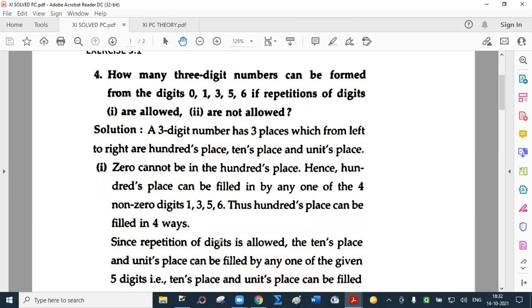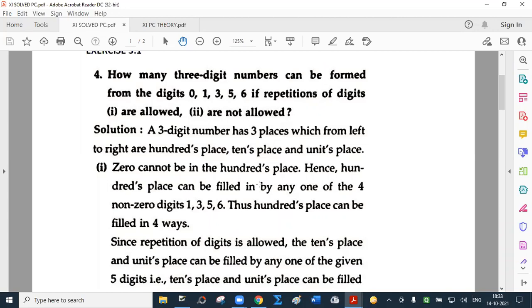Since repetition of digits is allowed, tens place can be filled in how many ways? 5 ways. Why? Because we can write 0 in tens place, no problem. So tens place in 5 ways, units place can also be filled in 5 ways. Now when a 3-digit number is to be formed, we have to fill in hundreds and tens and units place.